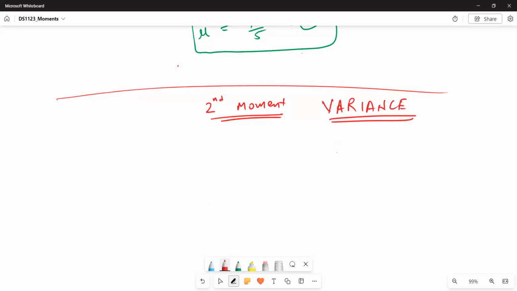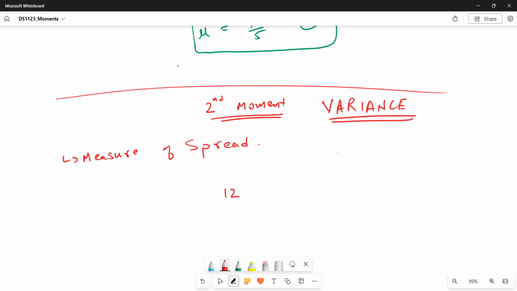Variance is basically the measure of spread. How widely your data is spread is basically the variance. So for example, let's take the same example.